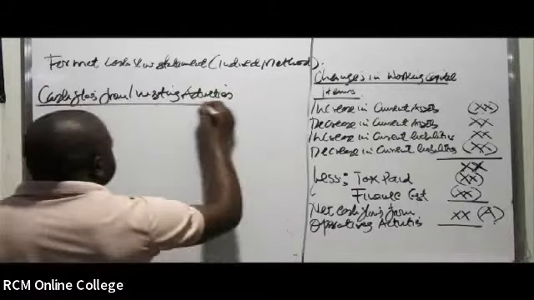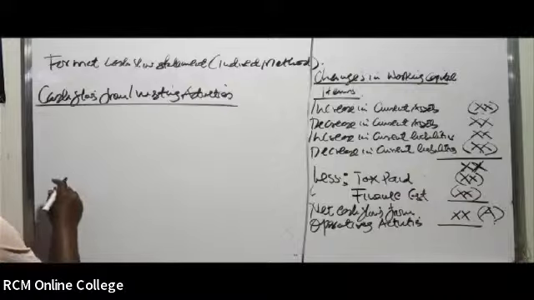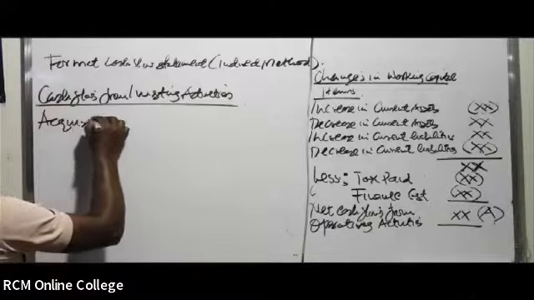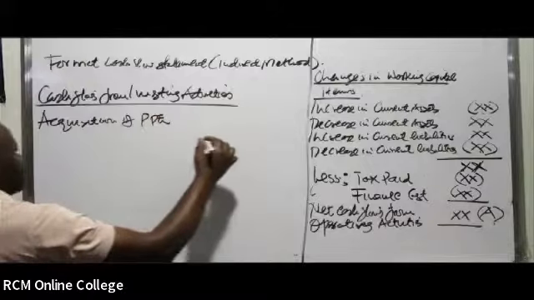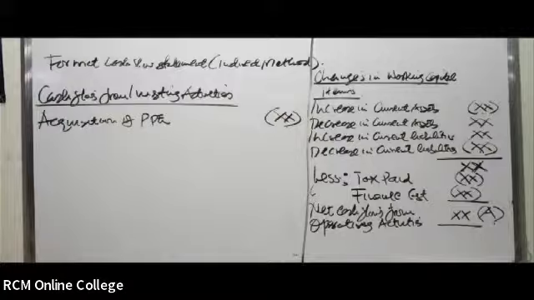Here, you'll consider, for example, acquisitions and sale of assets. Majorly that is what normally happens here. You can have, for example, acquisition of property, plant, and equipment. This one, money was going out, so you deduct.